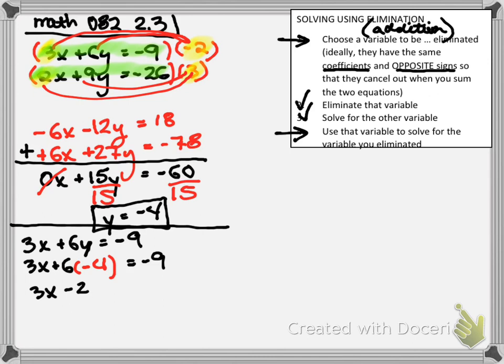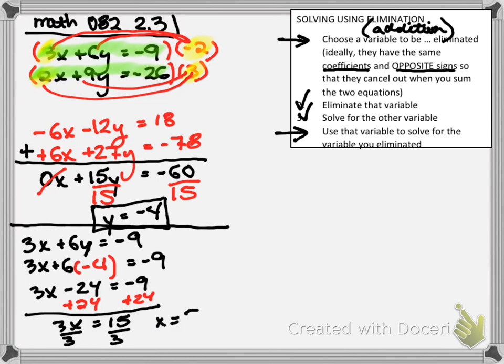We have 3x minus 24 is -9. Okay, to undo subtraction, we add 24 to both sides. We get 3x is equal to 15. We divide by 3, and we find out that x is equal to 5. So that's the other half of our solution. So together we have x equals 5, y equals -4.